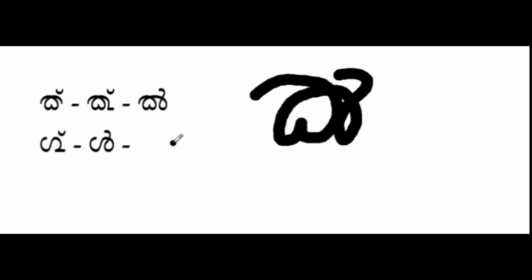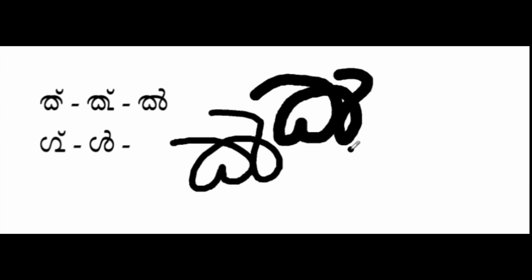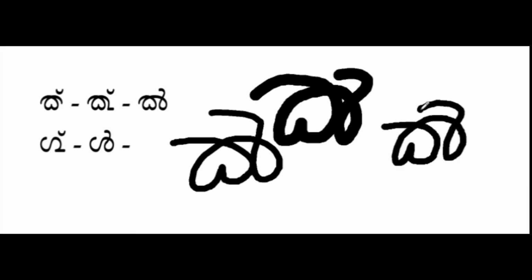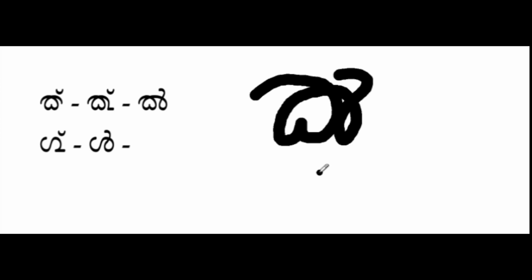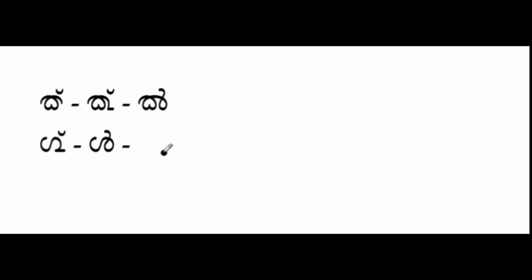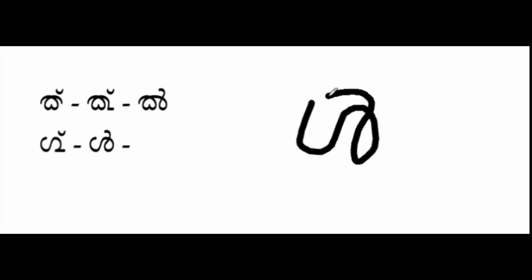We will see again. This is ku. Example barik, adegu. Next gu. Gu is like this.